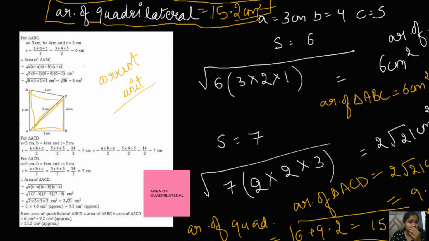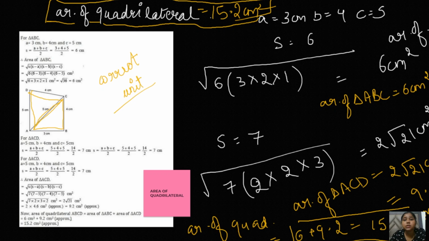Heron's formula is that much only. You must know the formula: root over S multiplied by S minus A, S minus B, S minus C, where S is equal to the perimeter divided by 2. A, B, C are the sides of the triangle, and S is equal to A plus B plus C by 2, or the perimeter divided by 2.